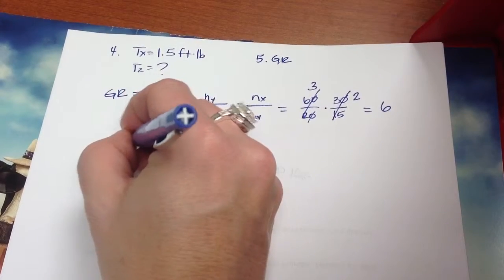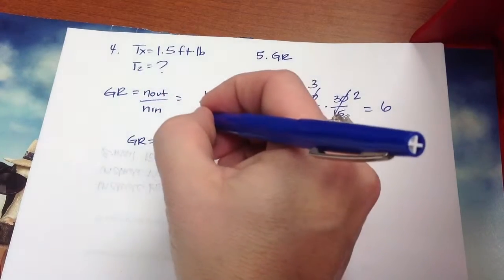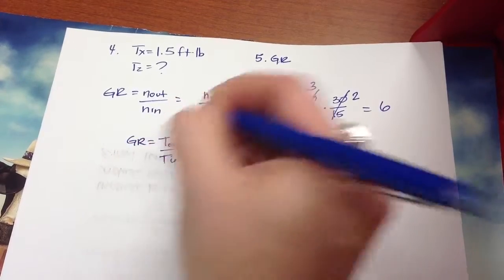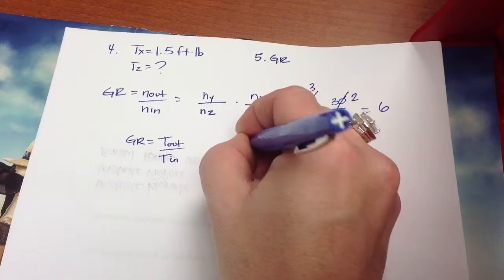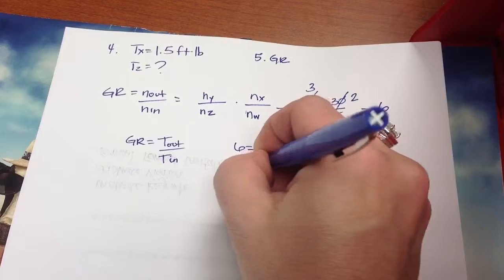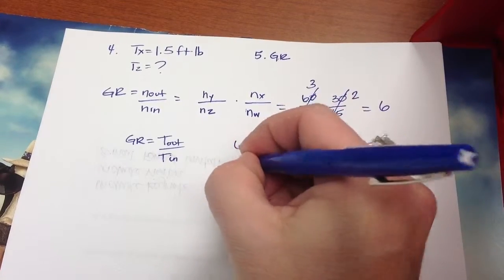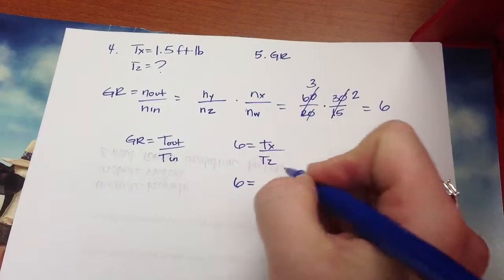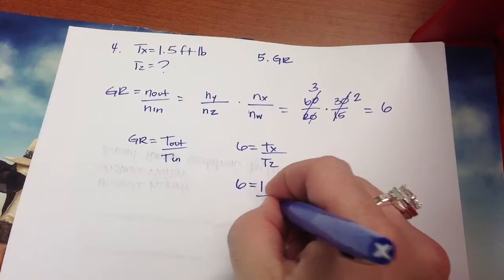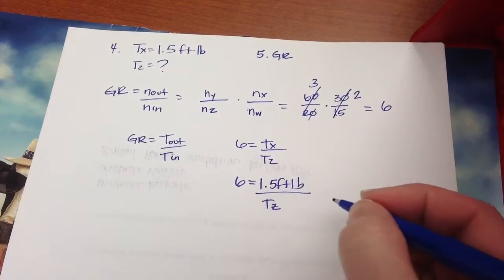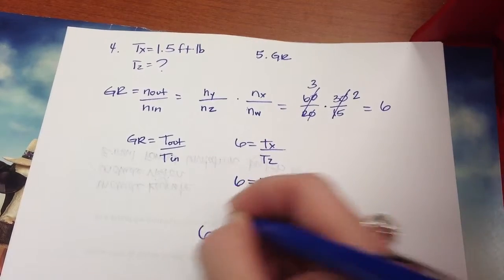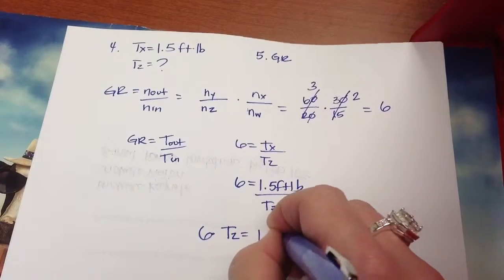We also know that the gear ratio is equal to the torque out over the torque in. So 6 is equal to the output torque Tx, 1.5 foot-pound, divided by the input torque Tz. When I rearrange that, Tz times 6 is equal to 1.5 foot-pound.